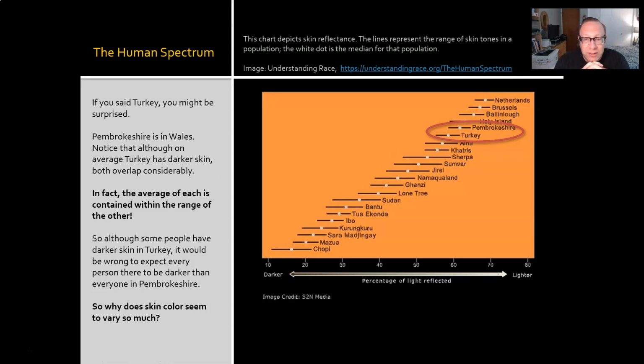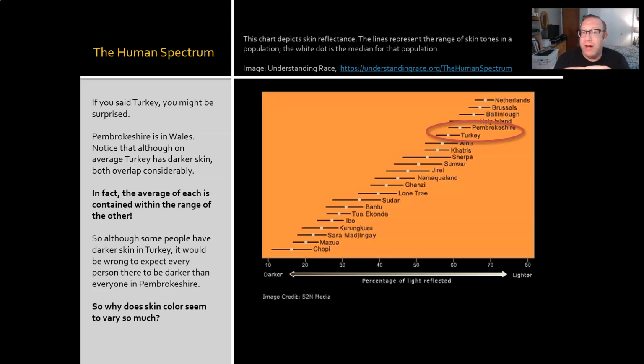And when we look, see, these little bars show the range of skin reflectance in that population, with the dots being the median or average of the population. And you can see that they overlap so much that the median of one is within the range of the other. Now, it might be at the extreme range, but that leaves a lot of people in between who overlap in terms of skin tone.